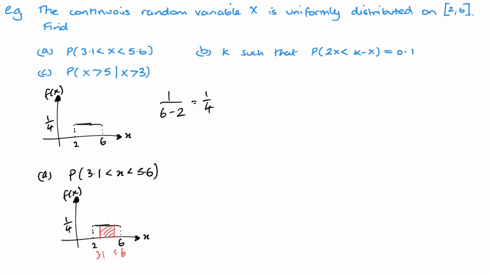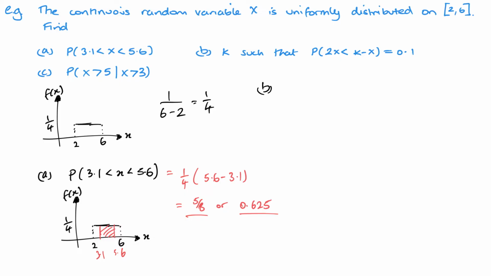So that area is simply going to be 1/4, the height of the rectangle, multiplied by the length, which is 5.6 minus 3.1. And that gives us 5/8, or 0.625 if you want it in decimals. See how easy that is? Because all it is is the area of a rectangle. Makes our lives so easy.